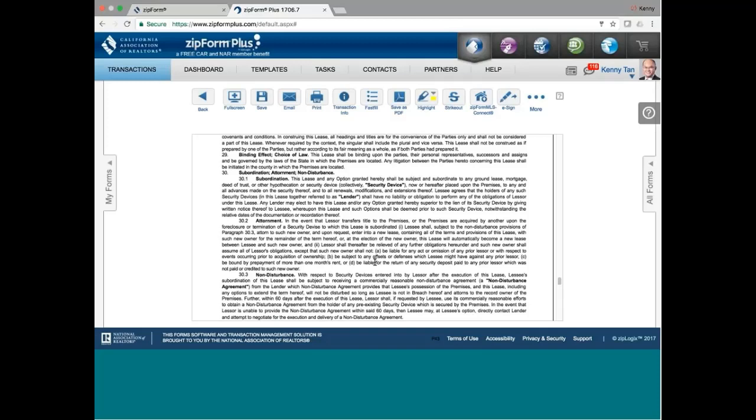But if there is no subordination clause in the lease, some lender might not loan to the landlord because no lenders want to be subordinate to a lease. So in order for the landlord not to have to worry about not being able to get a loan because of an existing lease, there will always be a subordination clause that the tenant has to agree to. In other words, the tenant always agrees to subordinate its lease to the rights of the lenders.